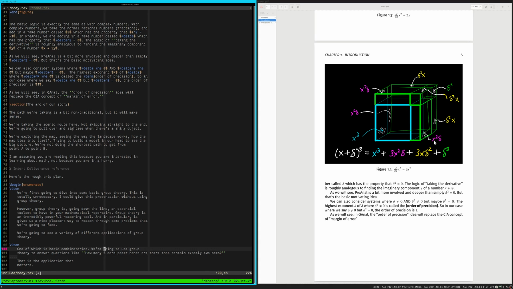This is the application of group theory that matters for our purposes. We're then going to take a couple detours.